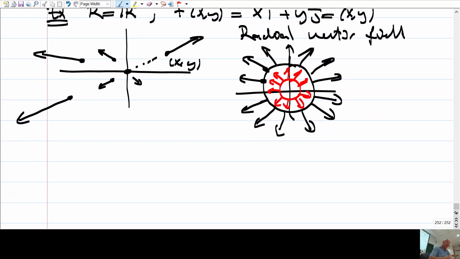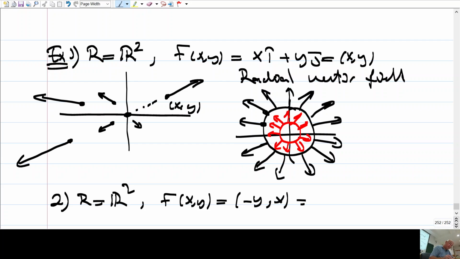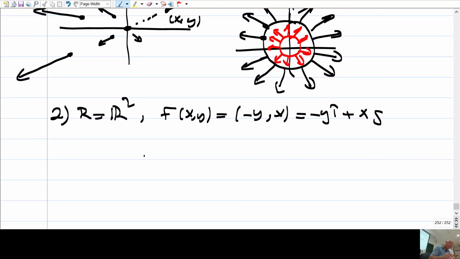Another example is, let's say this is example 1, example 2. Again, let's say R to be R2, and this time g(x,y) is just this: minus y comma x. So minus y i plus x times j. What is this?